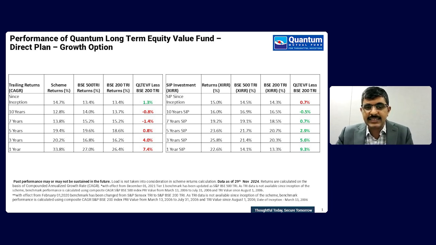And as and when they get expensive, you are selling out of those stocks. Which means when you do a staggered investment across long periods of time, irrespective of market levels, your investment has yielded a reasonably good return compared to the index.